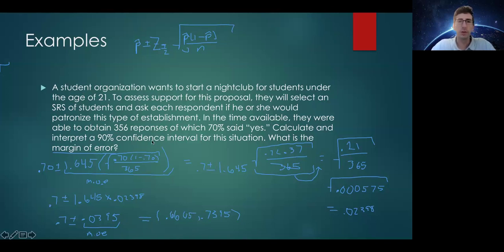So we're 90% confident that the true proportion of students at the school who support this nightclub is between 0.6605 and 0.7395. We could write this as percentages if we wanted to, but that would be our final answer.